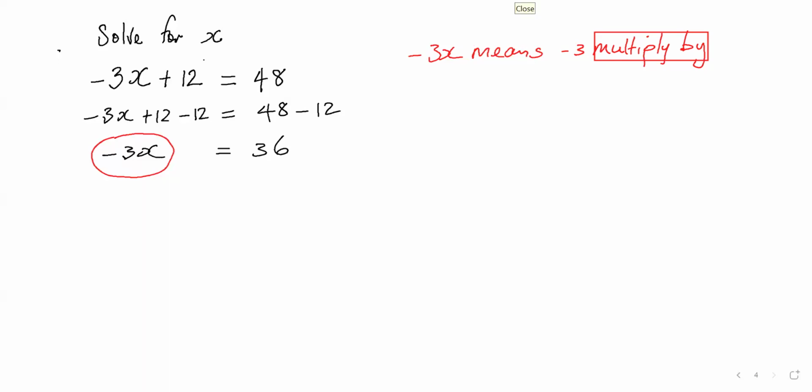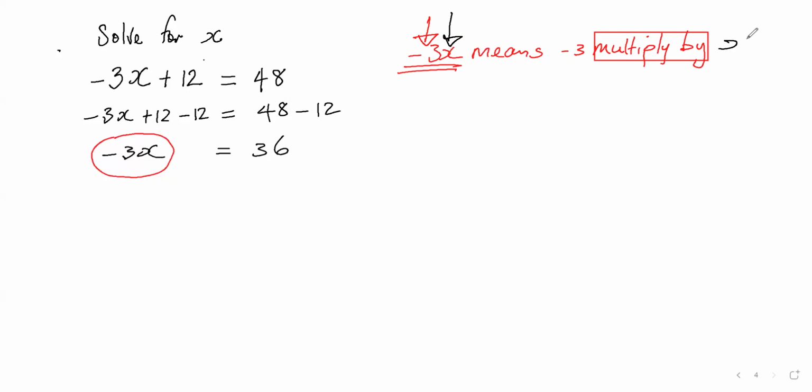Gabriel, tell her. Negative 3x means negative 3 multiplied by what? No, negative 3 multiplied by what? Watch the question. It's negative 3 multiplied by x.